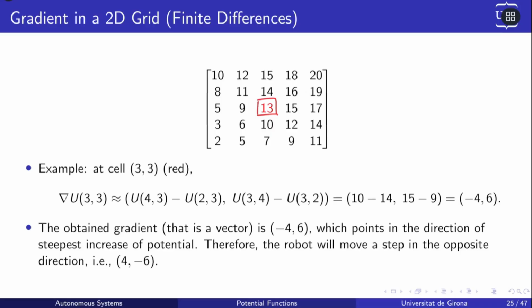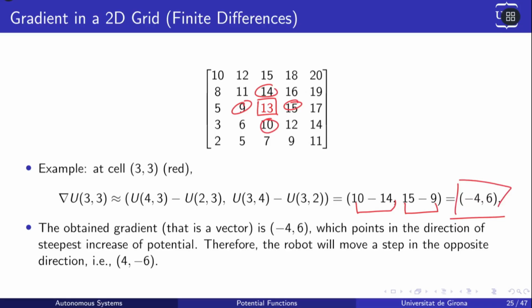To do it, we take the potential at 4, 3, that is 10, minus the potential at 2, 3, that is 14: 10 minus 14. This is one component of this vector, and for the other it is the potential at 3, 4, that is 15, minus the potential at 3, 2, that is 9. Then this is our gradient.